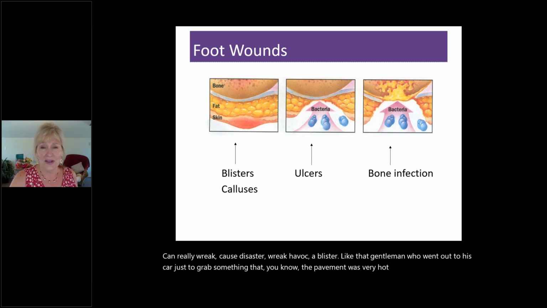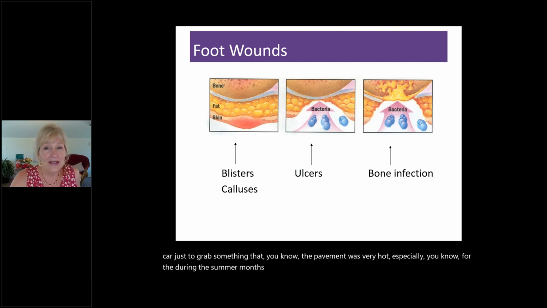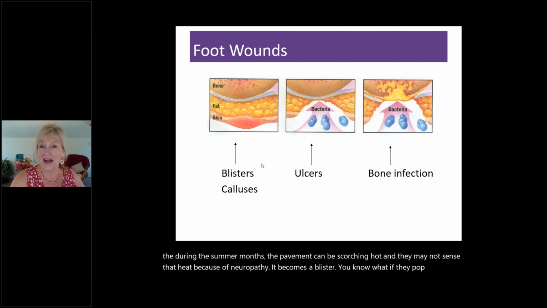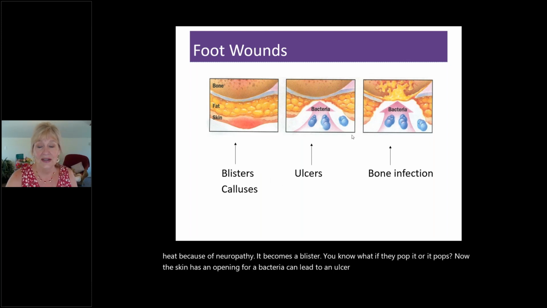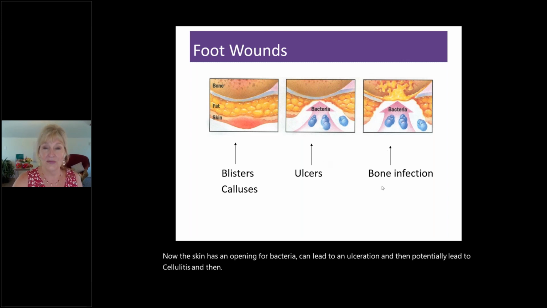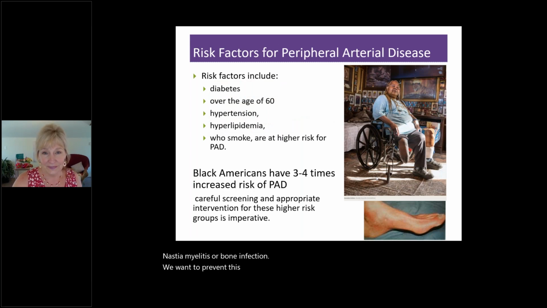Especially during the summer months, the pavement can be scorching hot, and they may not sense that heat because of neuropathy. It becomes a blister. What if they pop it or it pops? Now the skin has an opening for bacteria, can lead to an ulceration, and then potentially lead to cellulitis and then osteomyelitis, or bone infection. We want to prevent this cycle.